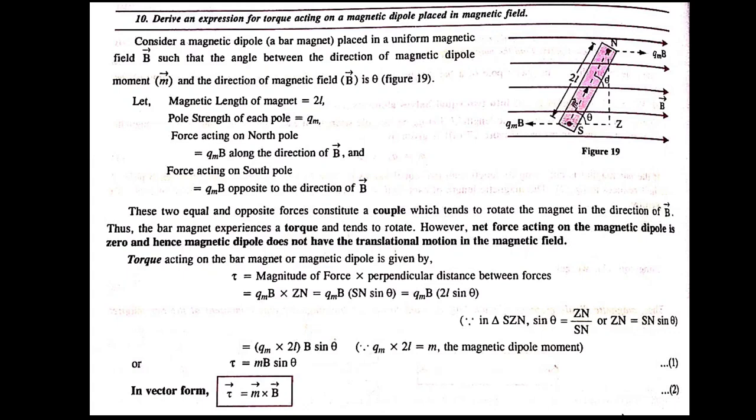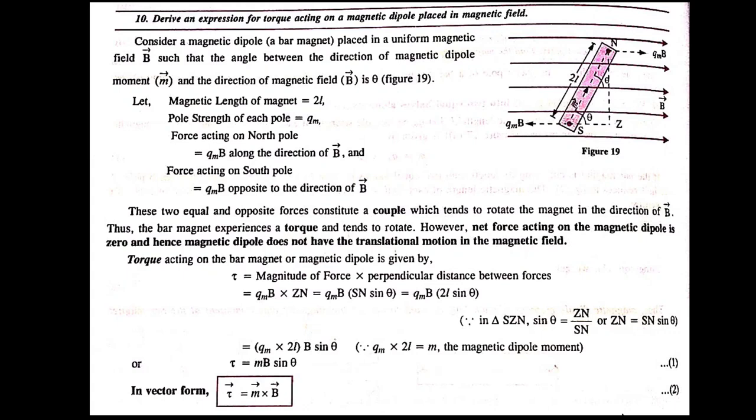Then we put the value of ZN using the trigonometric function sin theta. We get the expression qm B multiplied by 2l sin theta. We know that qm into 2l is equal to small m, the magnetic dipole moment. So the final expression for the torque is mB sin theta.